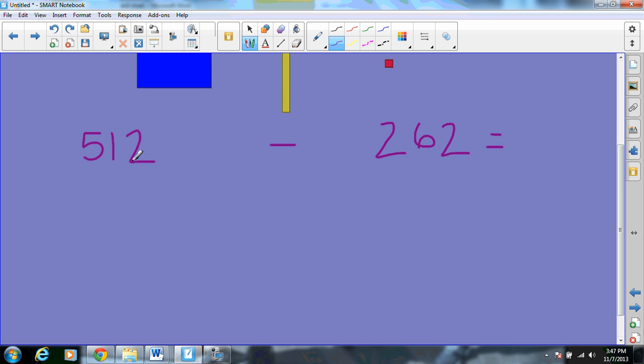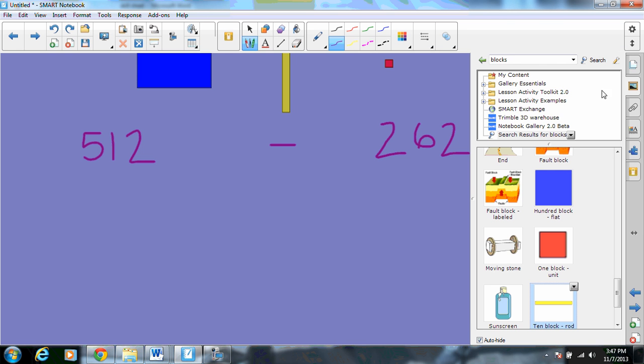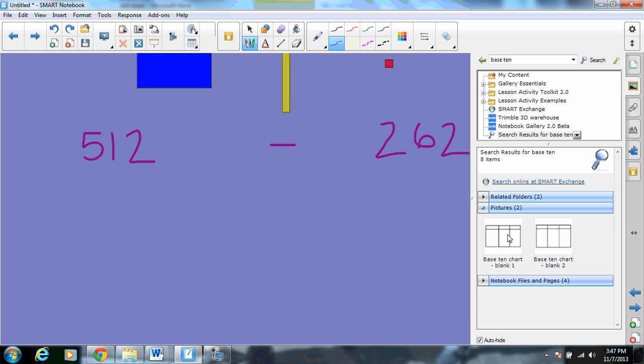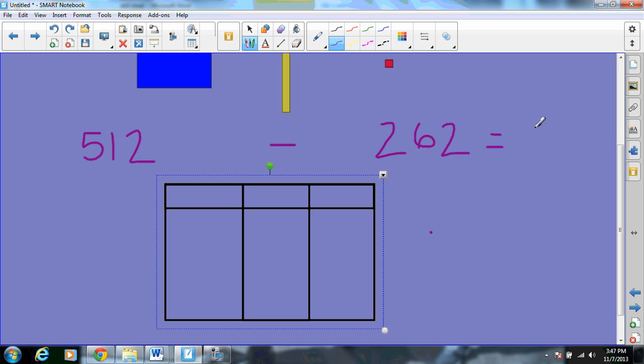Well, I didn't have my little place value charts here, but I could go in and probably pull those up. So here's my place value chart. Now, when I'm subtracting, I only use one because I'm only going to build the first number.